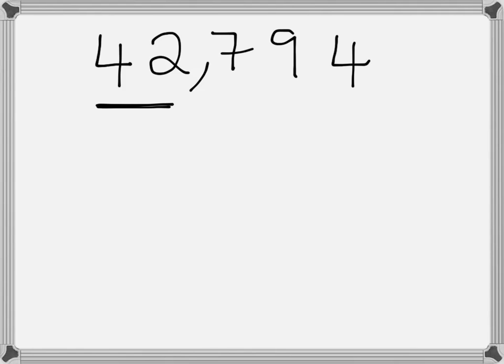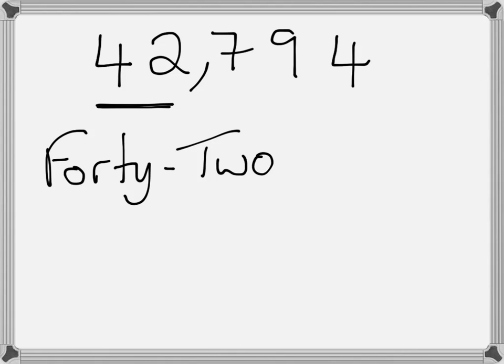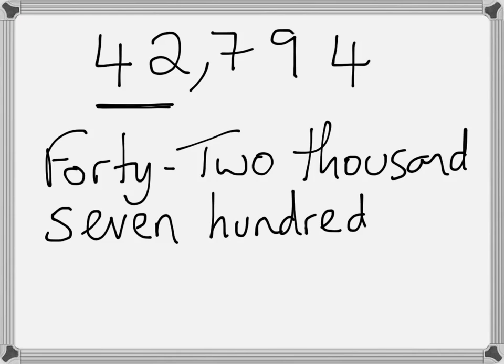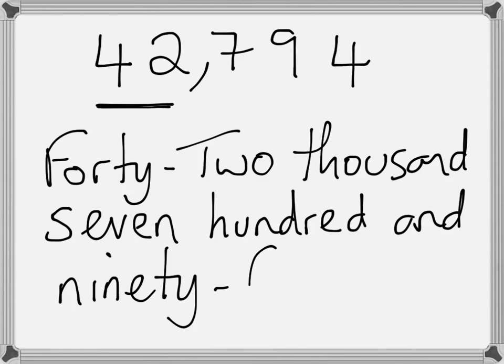How many thousands have we got here? We've got 42,000, 700, and 94. 42,794.